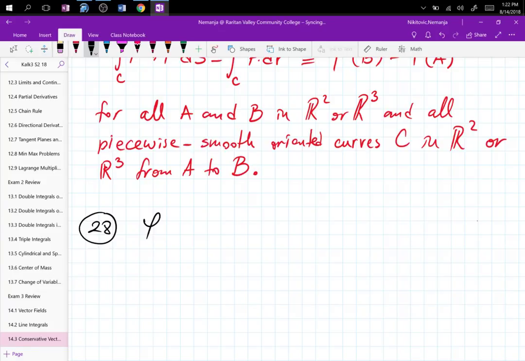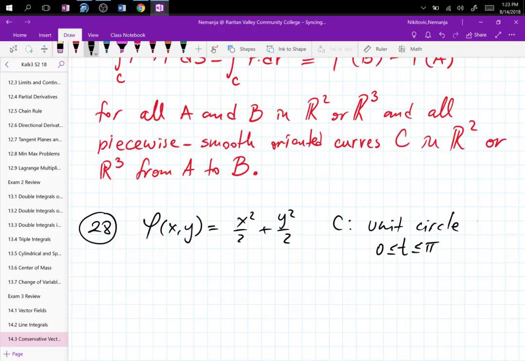They give you a potential. This is lame. So a potential function is given to you, it is x squared over 2 plus y squared over 2. And your C is the unit circle with t from 0 to pi.